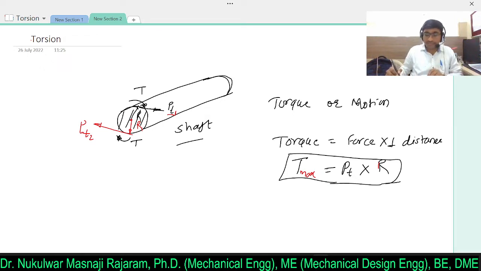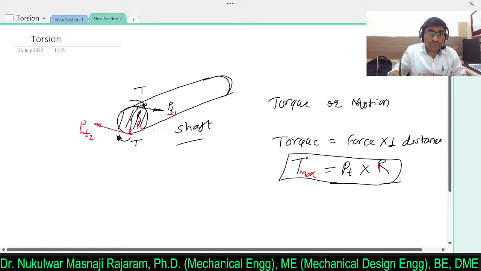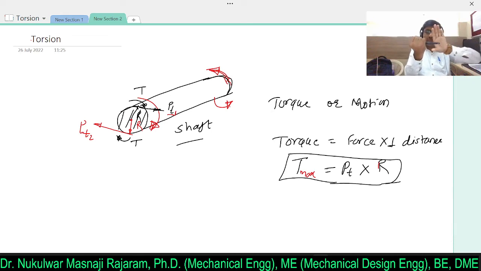So if this torque is in this direction, then we must apply torque at the other end in the opposite direction.